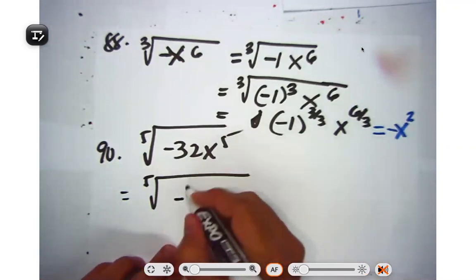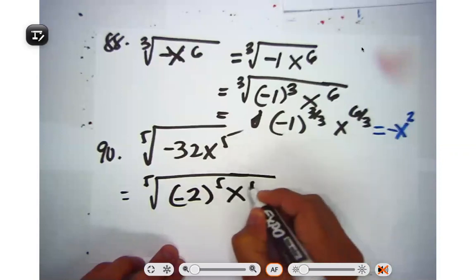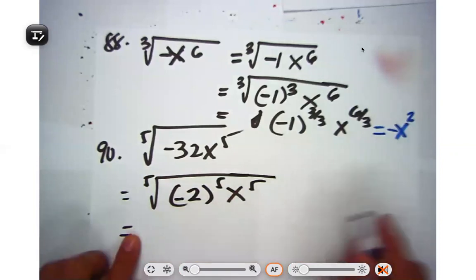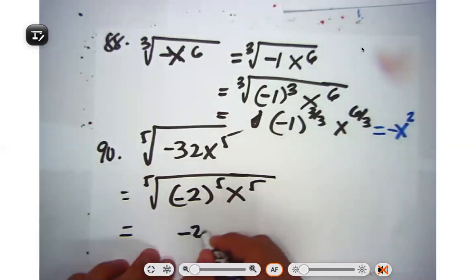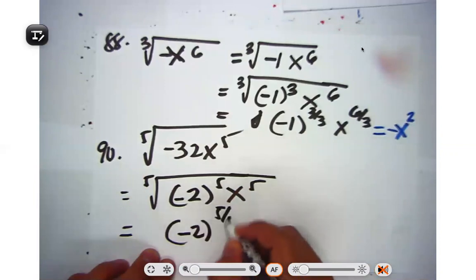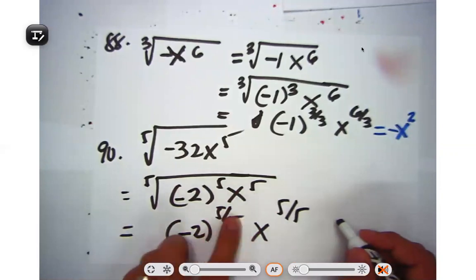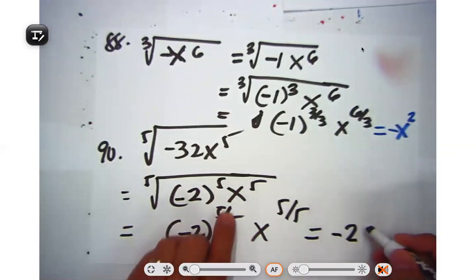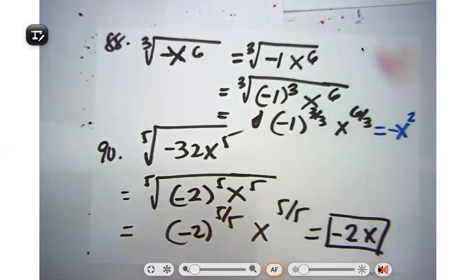So we have the quantity negative 2 raised to 5, x raised to 5. And then to get your fifth root, just divide its exponent by your index here, 5. So that's negative 2 raised to 5 over 5, x raised to 5 over 5. And what's this? Negative 2 raised to 1, or just negative 2. x raised to 1, or simply x. So we have negative 2x.